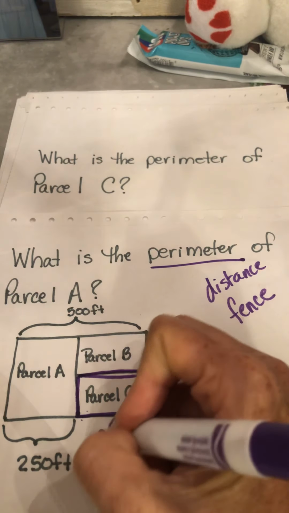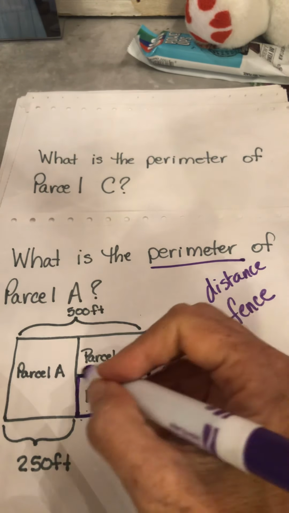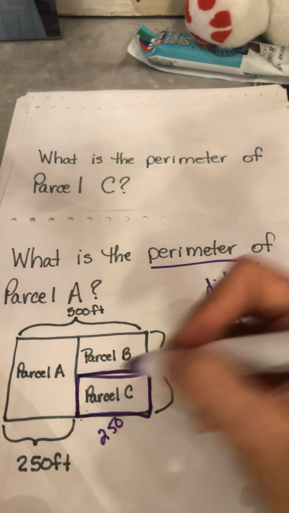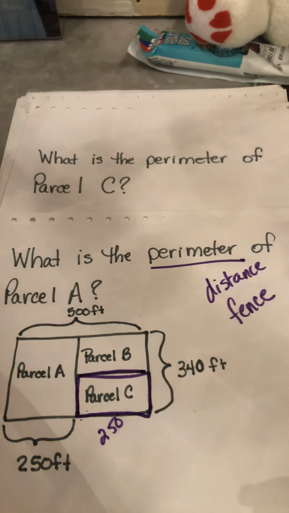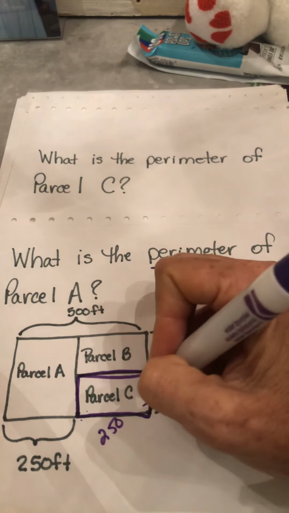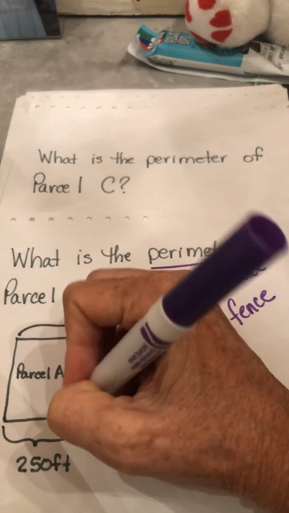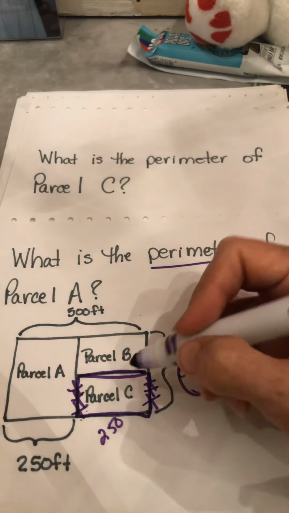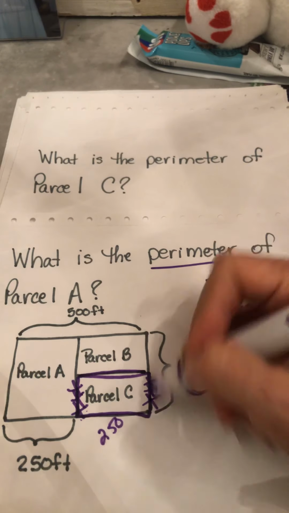So we know that this is 250, which means this is 250. So we've got 250 and we've got 250. Here's the problem with this question. We need to know this side and this side. Well, a lot of you use the number 340, but wait, 340 is for the whole thing.